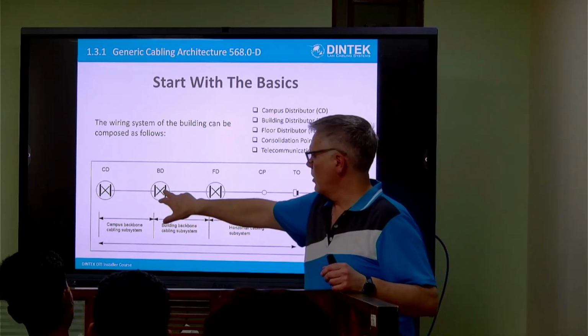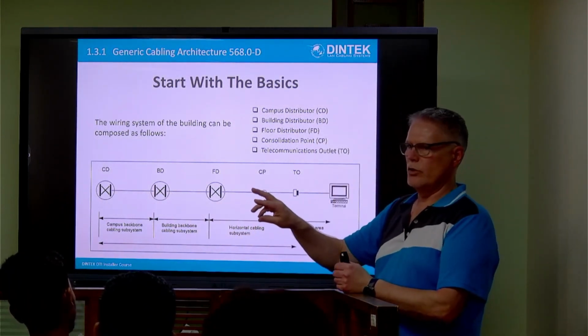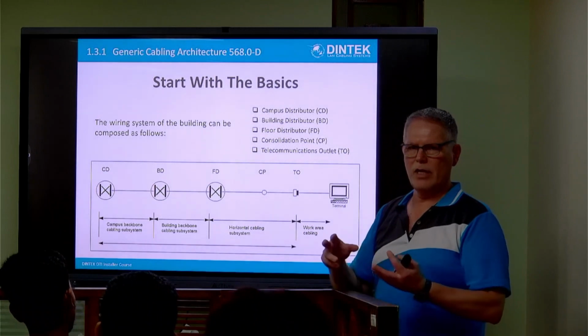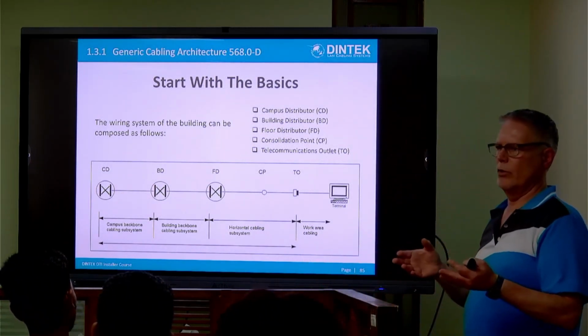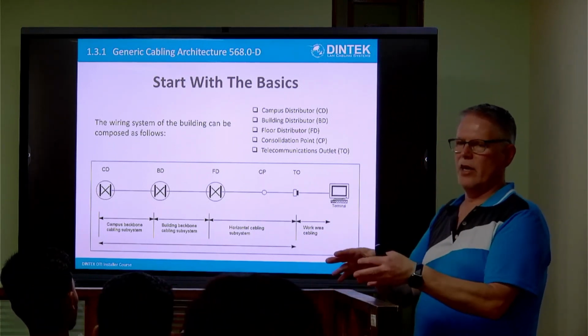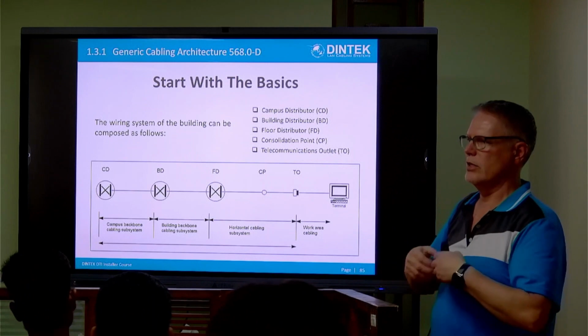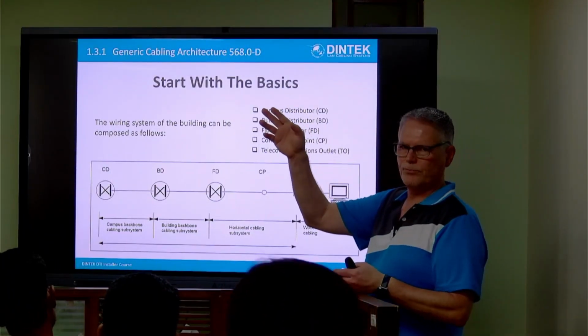And so if we have a building and we've got our main distribution point, that's going to be something like a server room. A server room for a multi-story building is going to be on the ground floor. That's where our main cabinet is and our servers and switches, and that's going to feed out to our different floors.